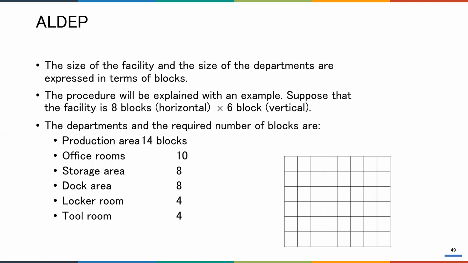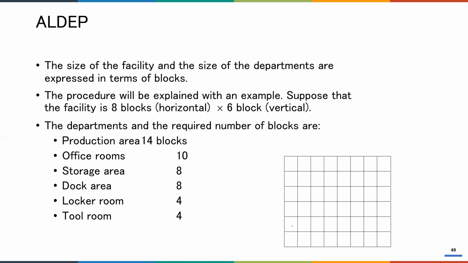In ALDEP, almost the same as CORELAP, we basically make blocks within blocks. In CORELAP, one department is represented by one block, but in ALDEP, a department is represented by several blocks based on the size of the department.